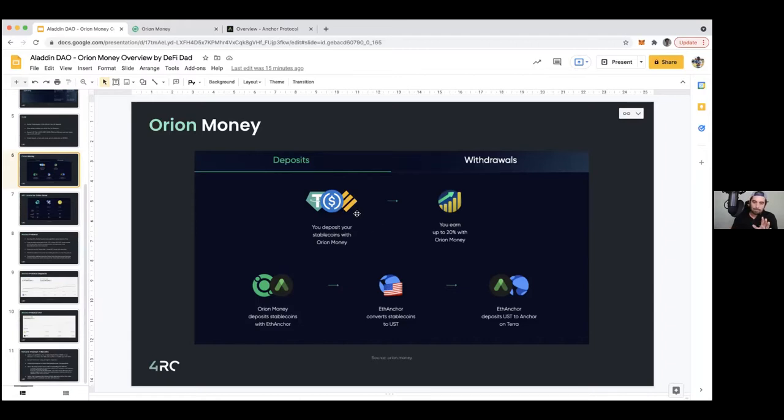But if we're talking about depositing, let's say Tether, USDC, Frax, BUSD by Binance, they have a Curve pool set up, so they're swapping that. And there's no doubt there's a sizable rate there.